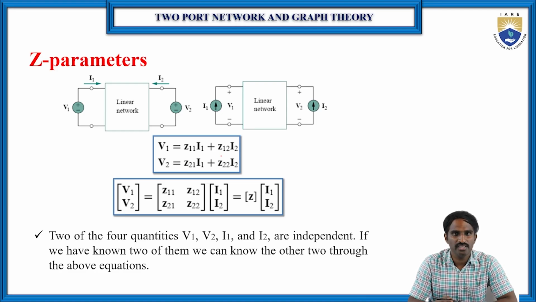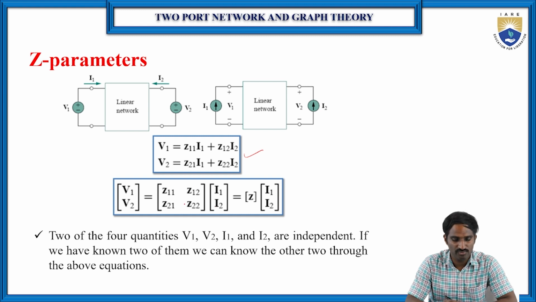So two parameters are independent and the other two are dependent variables. If you write the equations, V1 in terms of I1 and I2 is Z11 I1 plus Z12 I2, and similarly V2 is equal to Z21 I1 plus Z22 I2. Writing these equations in matrix form, [V1 V2] is equal to [Z11 Z12; Z21 Z22] into [I1 I2].